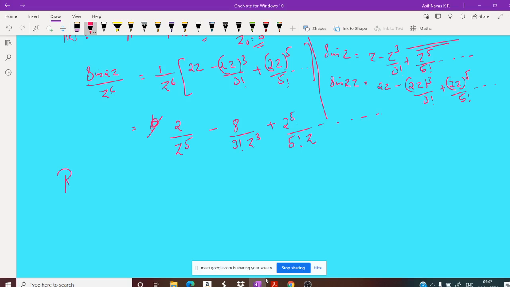So what is the residue of f of z at z equal to 0 here?